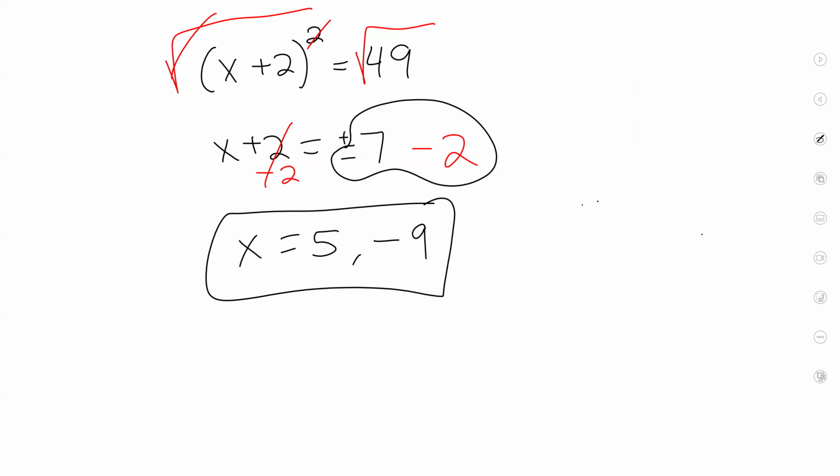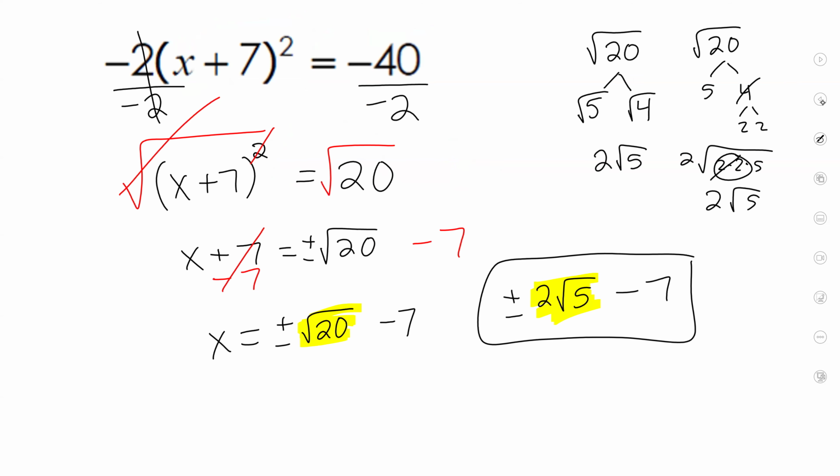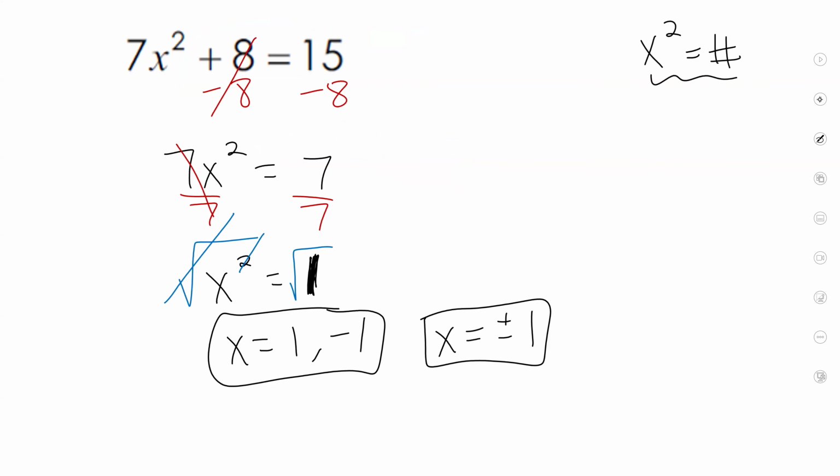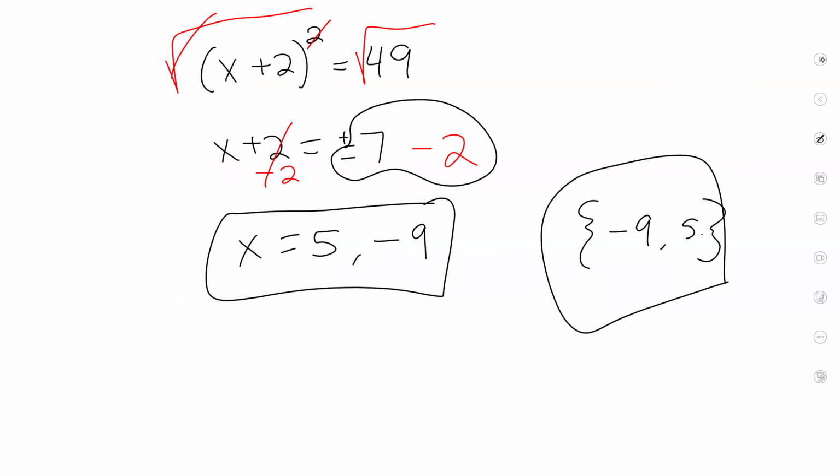So if you wrote this as your solution set, this is -9 and 5. Write it like this. This is how we wrote our solutions the other day. You could also write it like this, -1, 1. Okay. So I'm going to let you guys practice this for a bit.